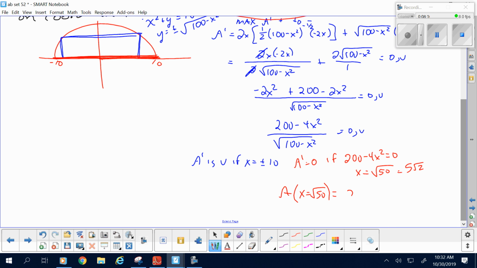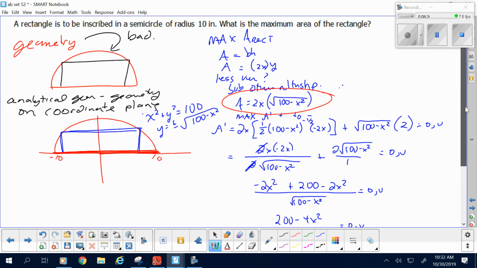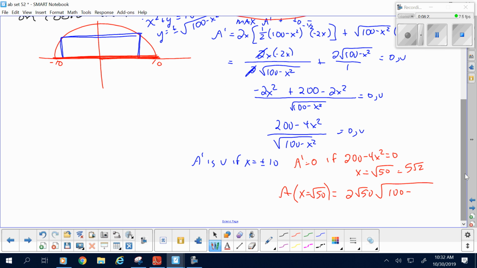So we would say something like 2 root 50 times 100 minus root 50 squared, or 50. 2 root 50 times root 50 is 100 units squared. That is the greatest possible area we can get out of this. Are you tracking, people? Cool.